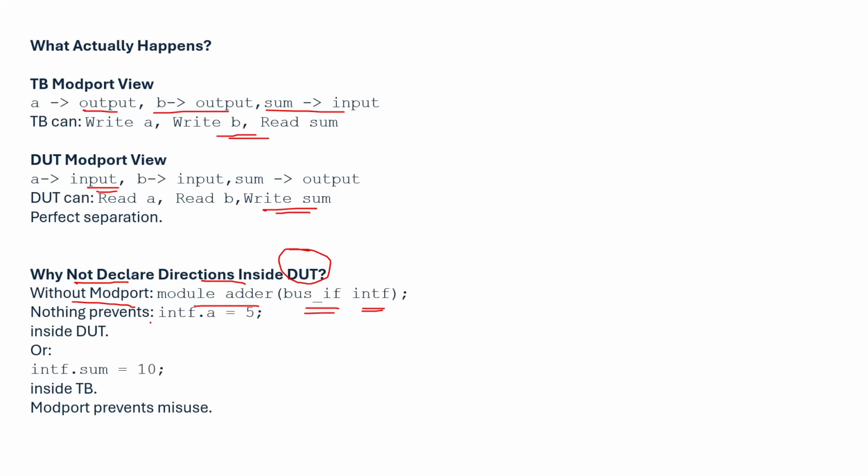Here, nothing prevents interface.a equal to some value, because we are driving the signals from the TB, writing the signals to the DUT. So modports prevent that misuse. The TB is driving the signals and reading the signals, or writing and reading, and the DUT is also writing and reading. Modports will avoid this misuse of writing and reading.